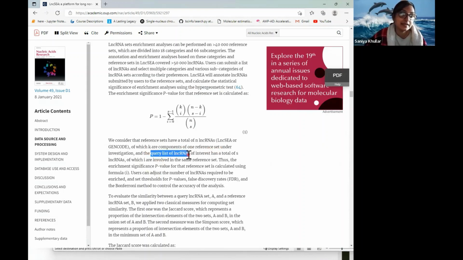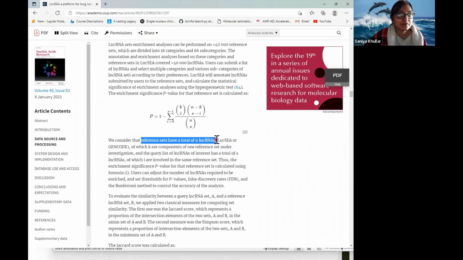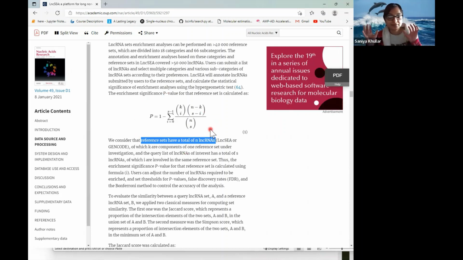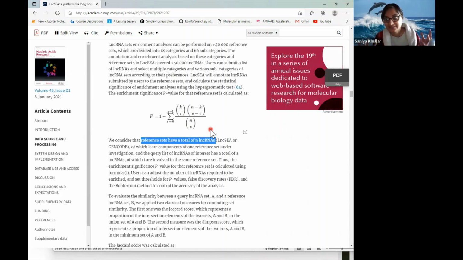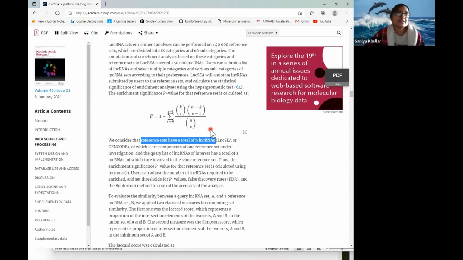The query list of lncRNAs that we've put in has a total of S lncRNAs, and then they look at the reference sets that have a total of N lncRNAs, and they run this sort of comparison, seeing how probable it is to find that intersection by chance, or is there something significant about the number of lncRNAs that have intersected between your list and that biological reference list. If it's by chance, what are the chances that you find that 7 out of 451 are found between the two lists. So that's the math involved.